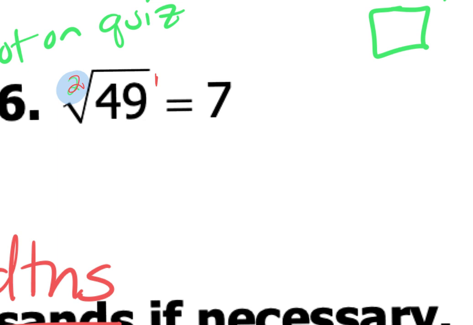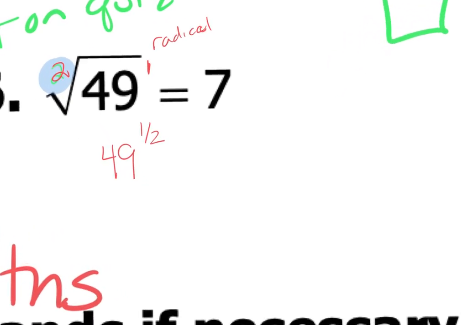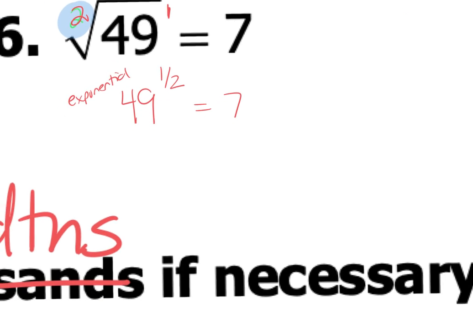So what's really weird on this question, and again, you're not going to have one like this on the quiz, is you're not really in exponential form. You're in radical form. And so what you're doing is you're first having to go from radical into exponential. So this would be 49 to the power of 1 over 2. That's like that e over r. So now that it's in exponential form, you can go to log.